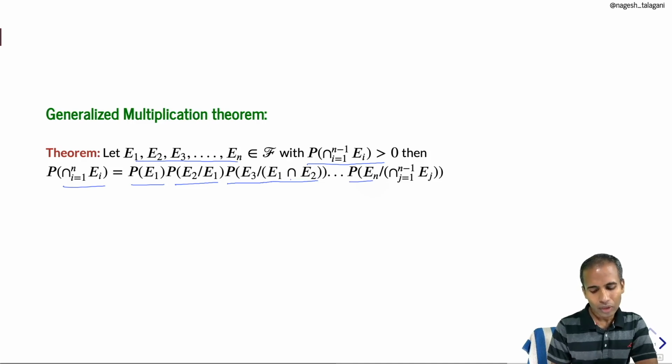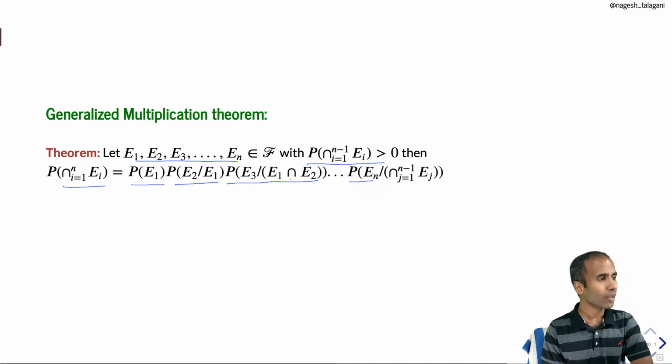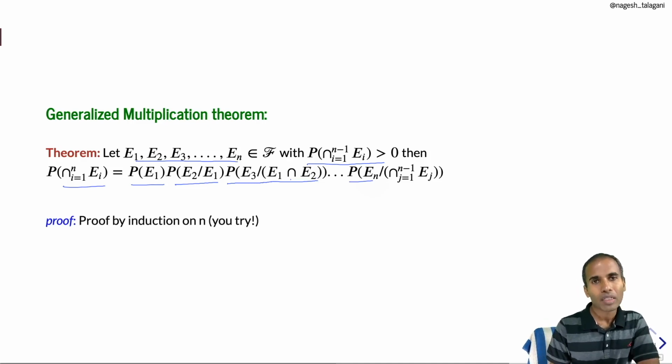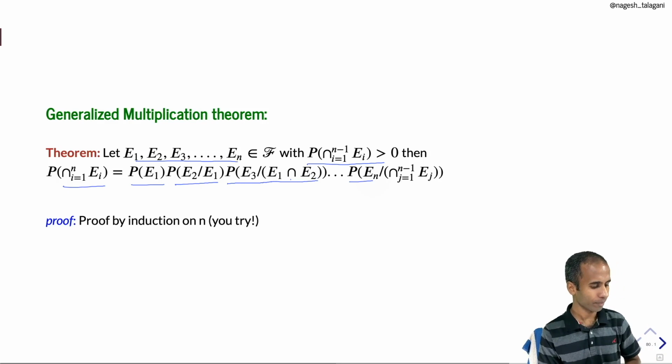Okay, so this is the statement of the generalized multiplication theorem. Here the proof is by induction. You can try it. Here you can use the base case n equal to 2 that we already proved.